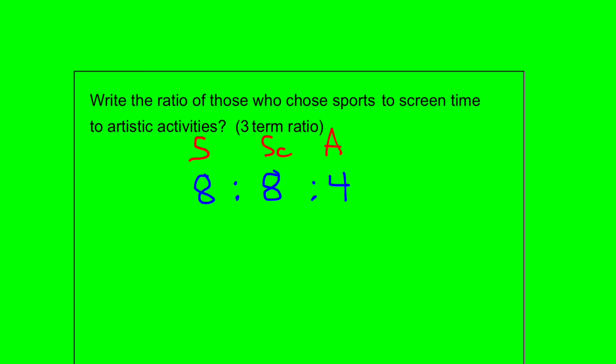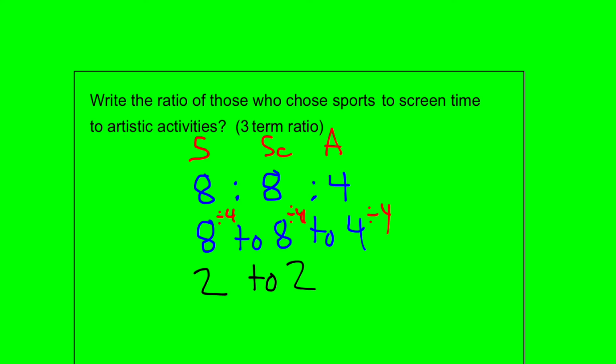So it has to go in that order. And remember, we could also write it like this: 8 to 8 to 4. And we could also put that in lowest terms, right? By dividing by the greatest common factor of all three numbers, which is 4. So we could divide each by 4. And in lowest terms, this ratio would be 2 to 2 to 1.